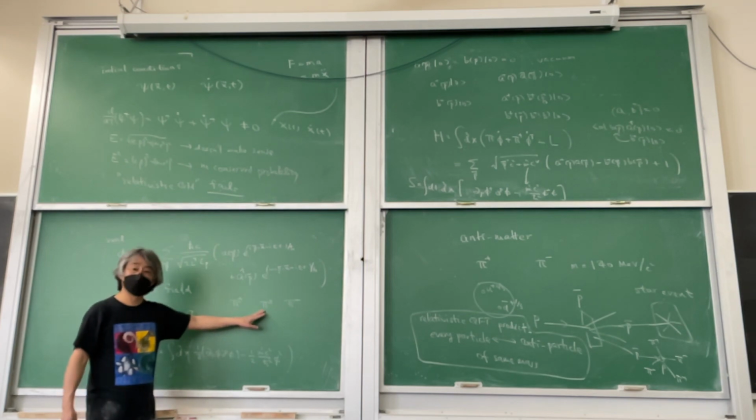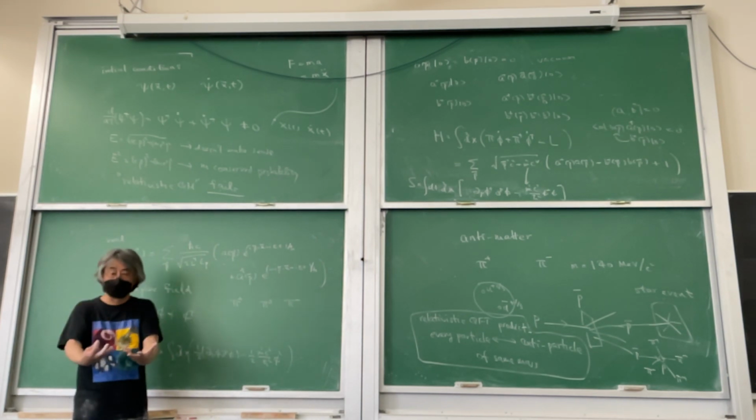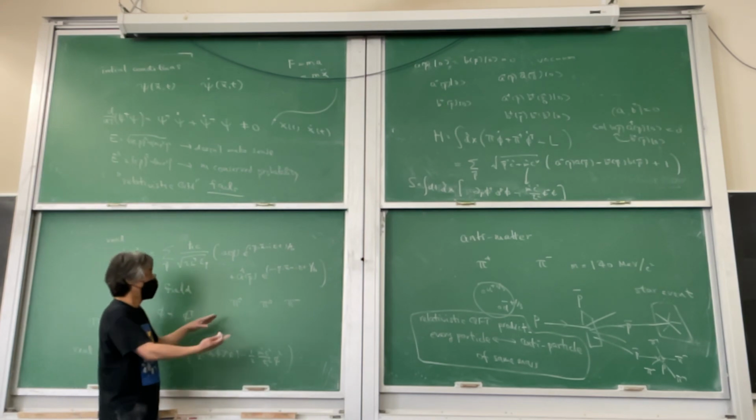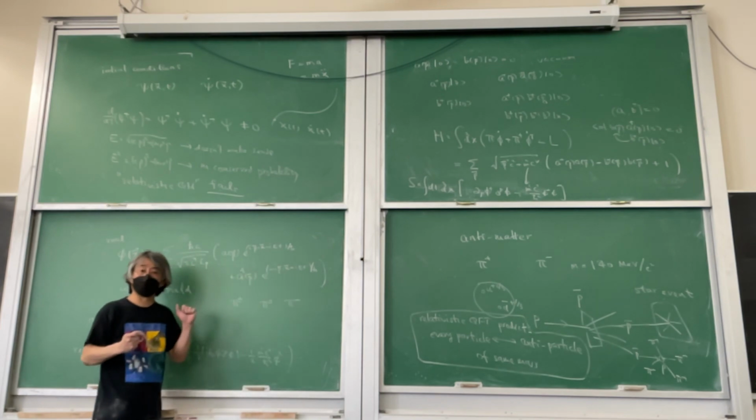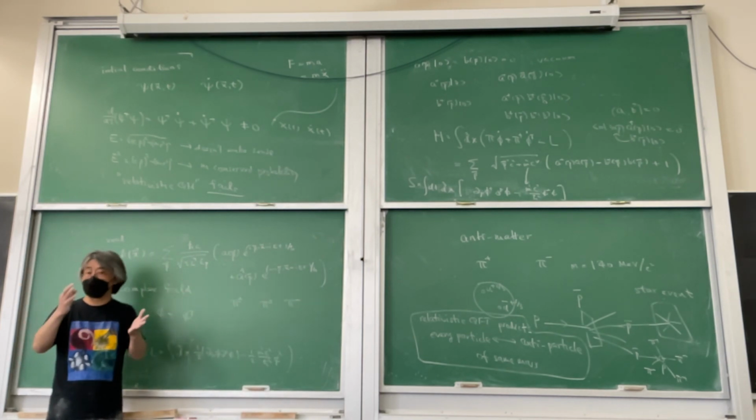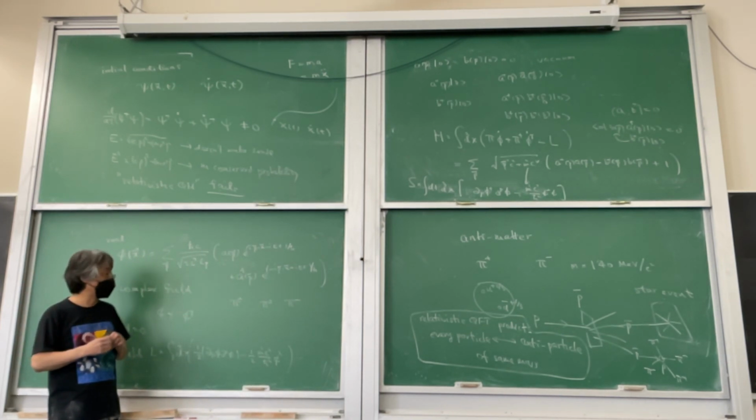So you can have a real Klein-Gordon field, which is an antiparticle for its own, or a complex Klein-Gordon field, where particle and antiparticle are distinct because of some opposite charges of some kind.